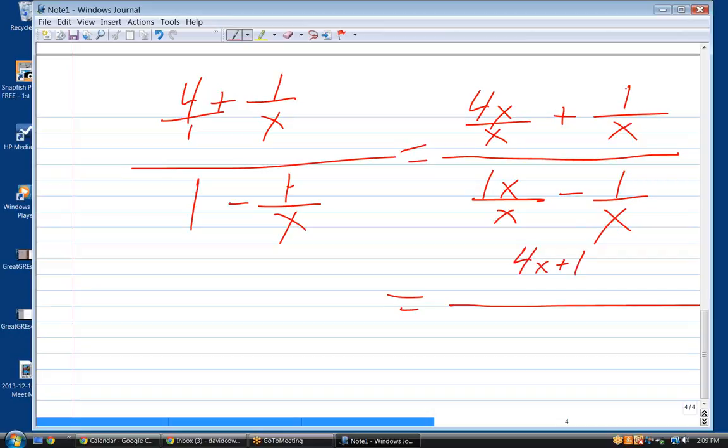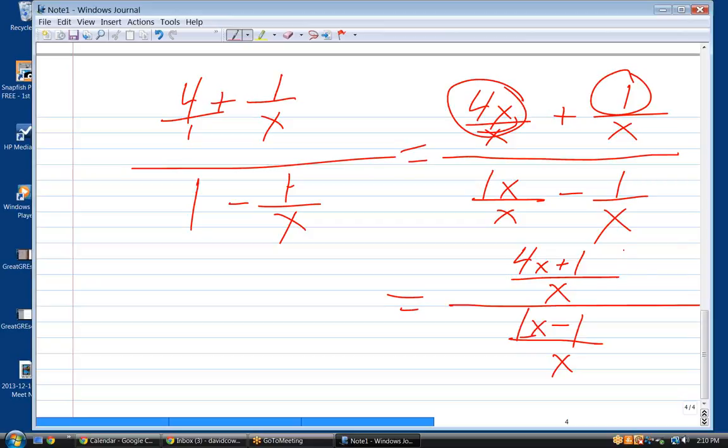And there's no x right there, so you can't combine. No, you can't. Like apples and oranges. However, since you have the same denominator, you can just add the numerators, which is what I did. And then the same thing in the bottom, so it would be 1x minus 1.